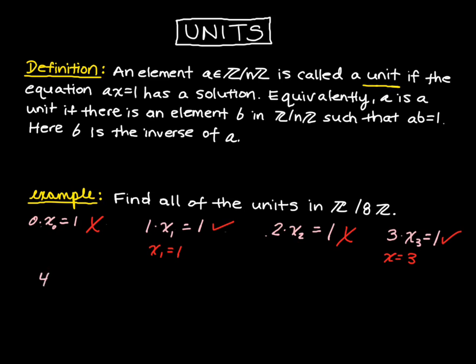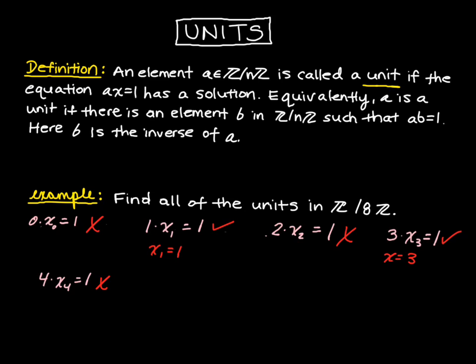I meant to say 1 and 3 are units, not integers. Well, they are integers, but in this sense, they are congruence classes that we are saying represent units in this set. So now let's see, we've got 4 times x4 equals 1. Is this a unit? No, this does not have a solution. Once again, I ask you to verify independently.